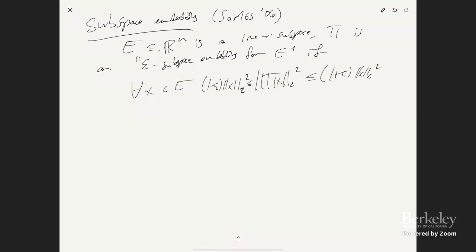So it's basically JL, but where you're not doing JL on a finite set of points, you're doing it on an entire subspace.